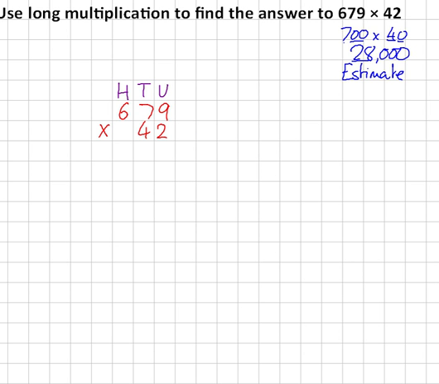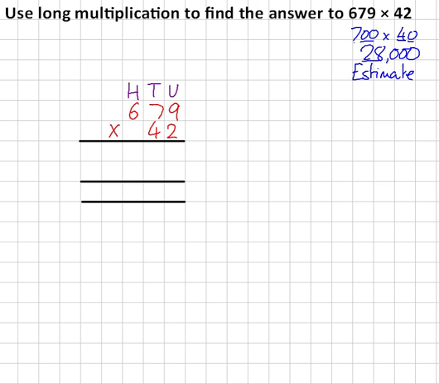It doesn't make too much of a difference whether you put the larger number on top or the bottom, but when you're multiplying 3 digits by 2 digits, it would be helpful to put the 3 digits at the top and the 2 digits at the bottom. The reason for that is that when you come to doing the addition, you're only adding 2 numbers at a time instead of 3.